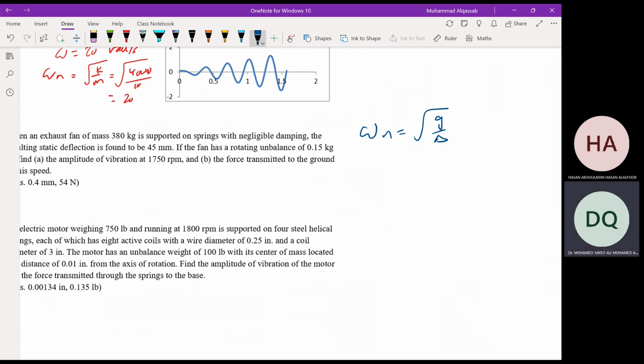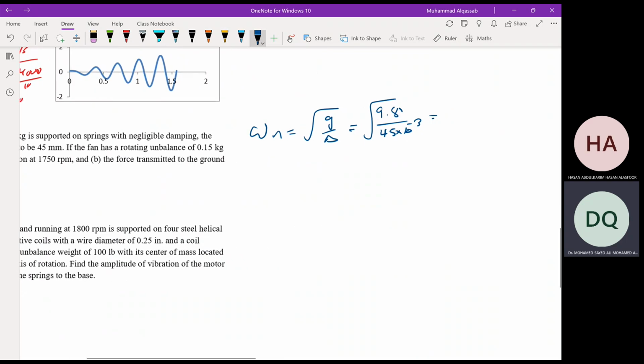Delta is 45 millimeter, which we convert to meter, so this is the square root of 9.81 divided by 45 times 10 to the power minus 3, and you can calculate omega n. Omega n is also equal to square root of K over M, and you can find K as well. We will need K.